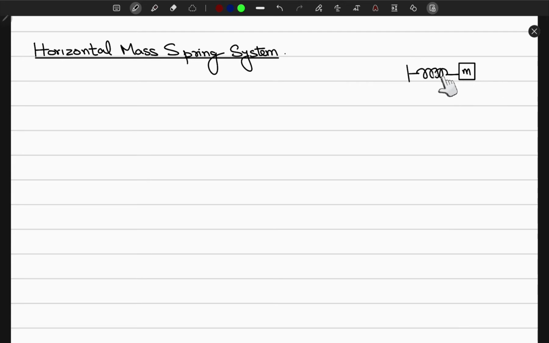Now, for this spring, I can define something that's called Hooke's law.